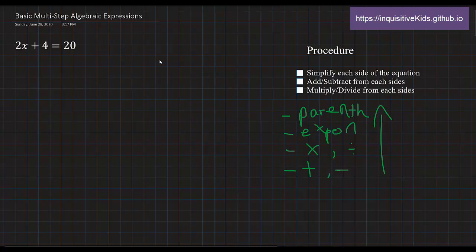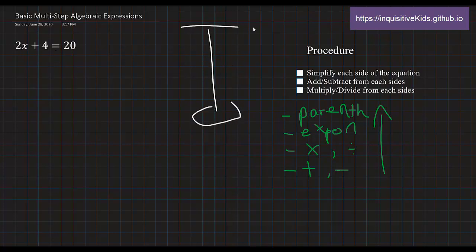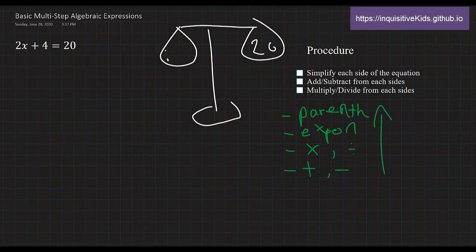Next, we have to add and subtract from both sides the same value, because you can think of this as a scale, and that on one side we have a 20, and on the other side we have a 2x plus 4. If we want to find what 2x is, we'll first have to get rid of this 4.